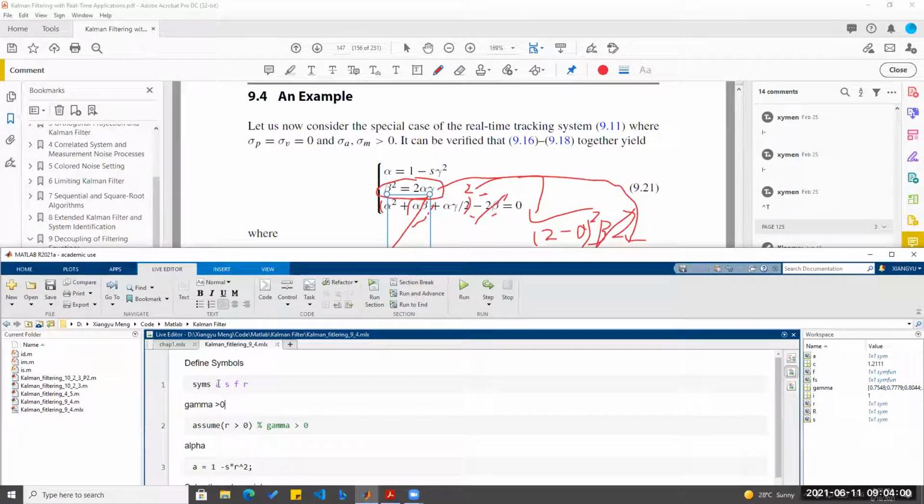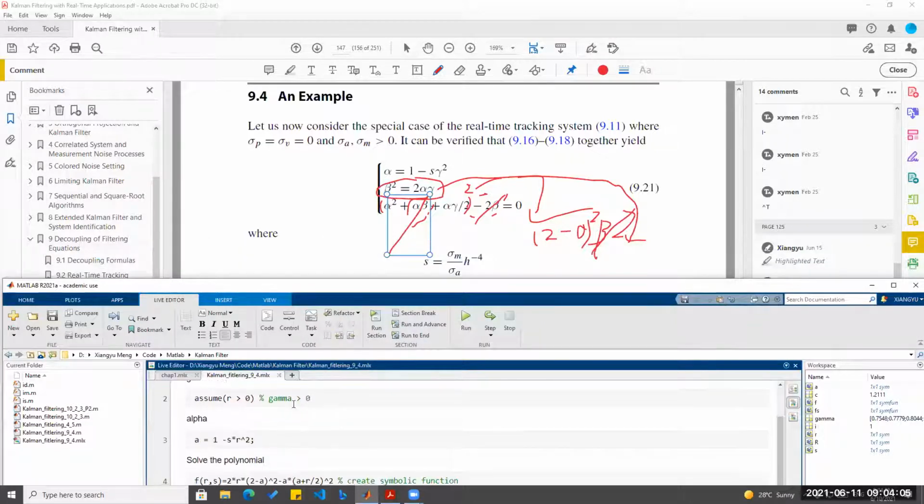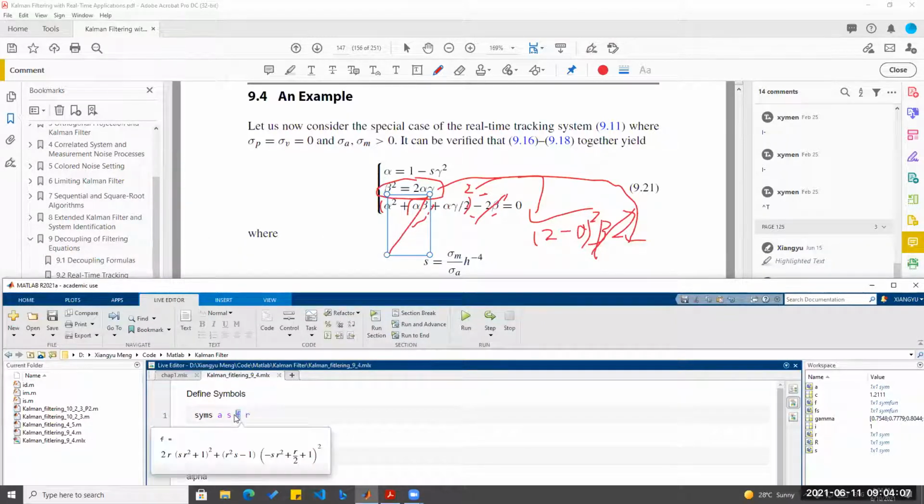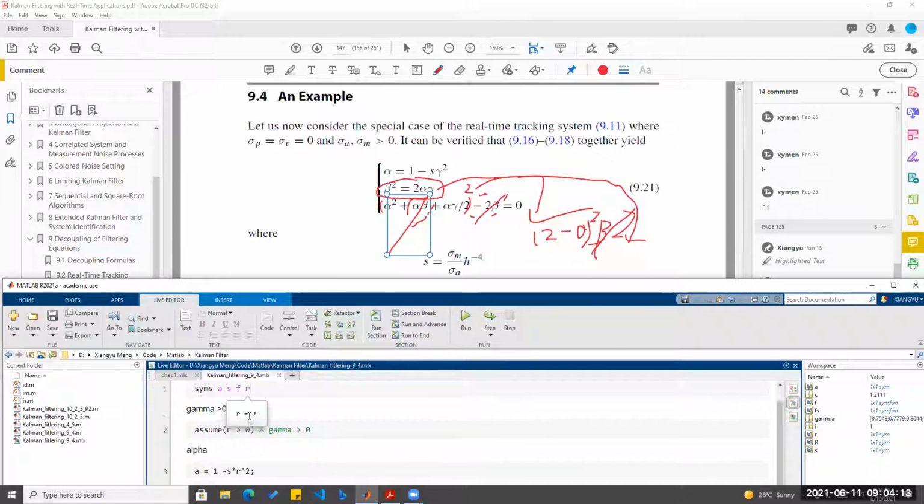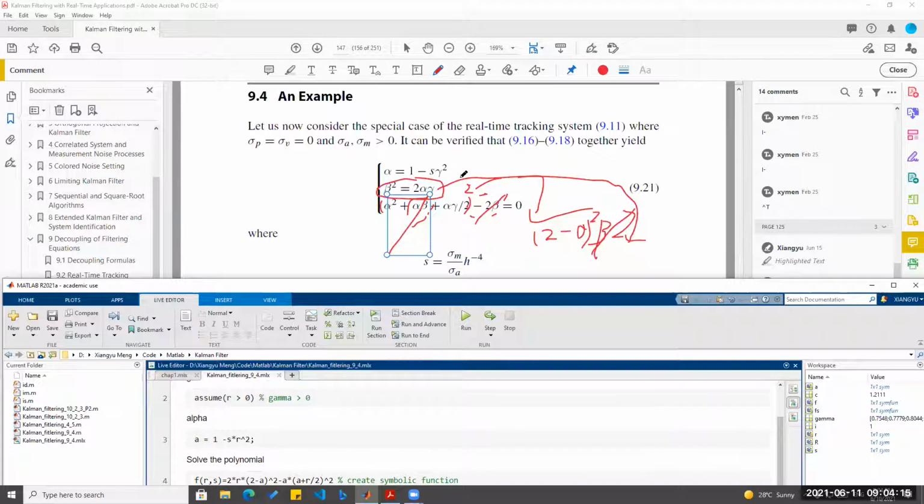You define alpha and s. So f will be the equation, and r is the gamma. We assume this gamma is greater than 0. Then alpha is 1 minus s gamma square.